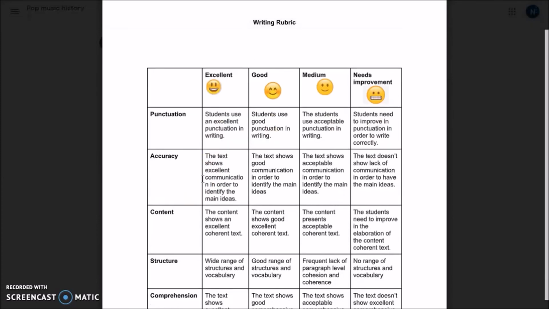We are going to evaluate punctuation, accuracy, content, structure, and comprehension. We choose the emoticons and the levels: excellent, good, medium, and needs improvement.